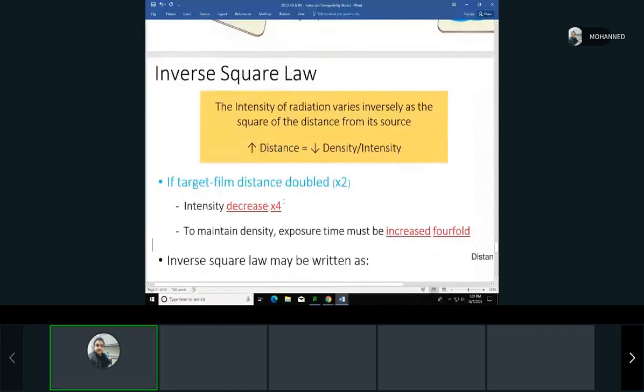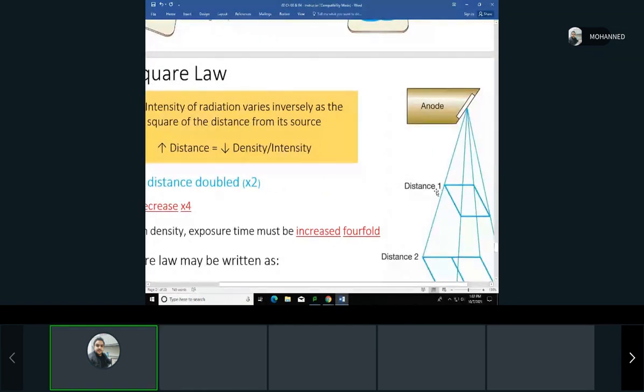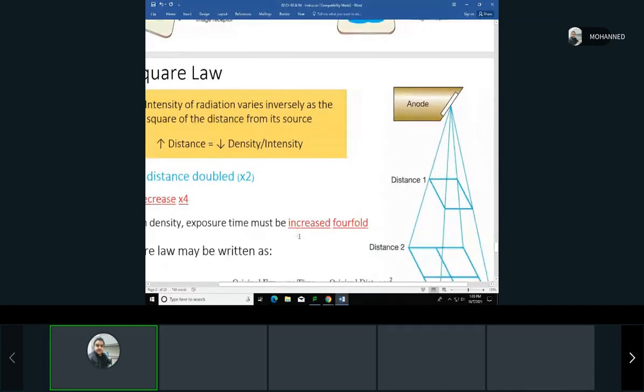So if we expose here at the beginning for 1 second, for example, and we got good density, to get the same density here we have to expose for 4 seconds. Or, if it's 2 seconds here, then it'll be 8 there. Does that make sense?